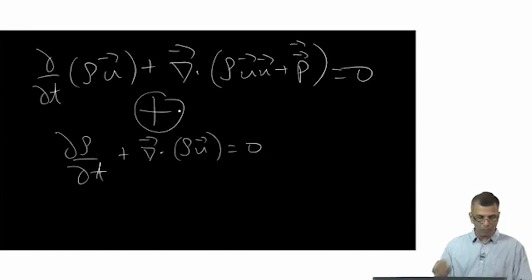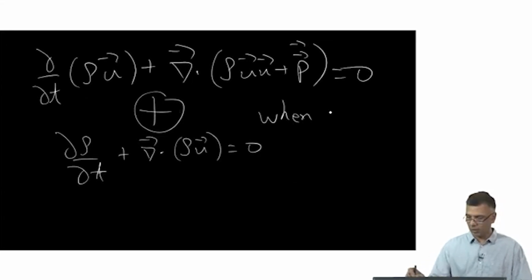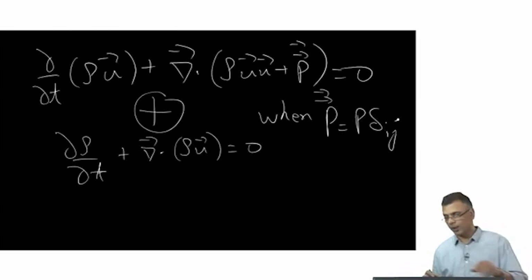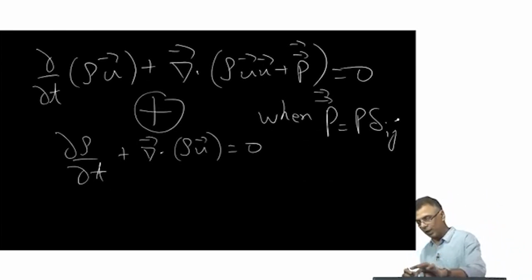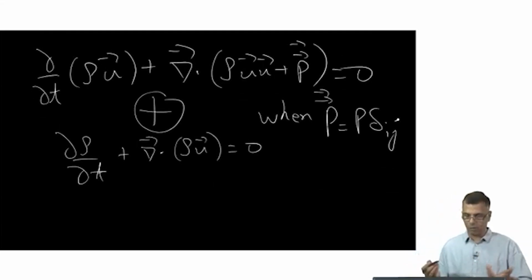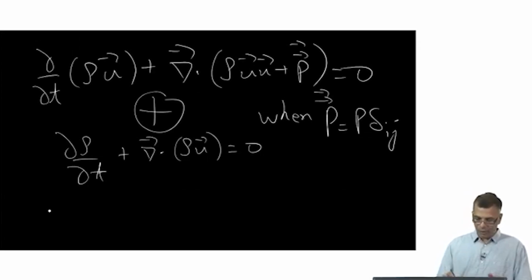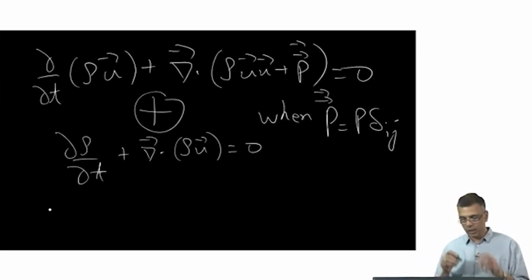You use both of these in the situation when only the diagonal elements of the pressure tensor are non-zero and the rest are 0. In that case, you will need the mass continuity equation when you expand out this quantity to get the momentum equation for an inviscid fluid.